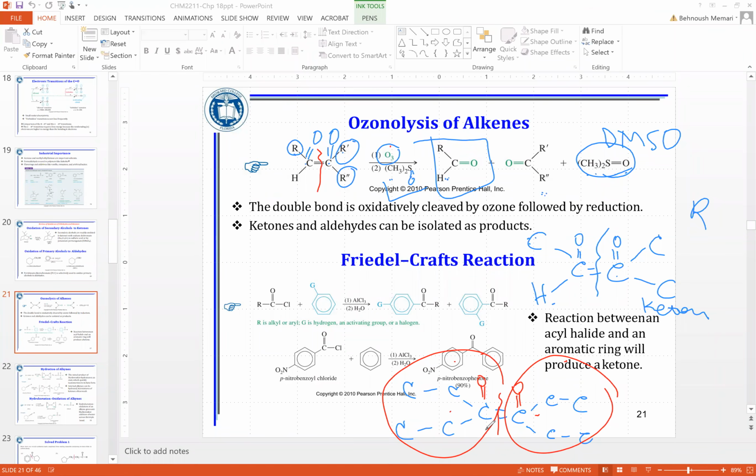So you have to look at what product is being asked to prepare, and say that the carbon that carries the CO double bond now used to be part of a CC double bond. Anything that is attached here as R prime and double prime is going to stay, like an ethyl group, methyl group, whatever group they are.